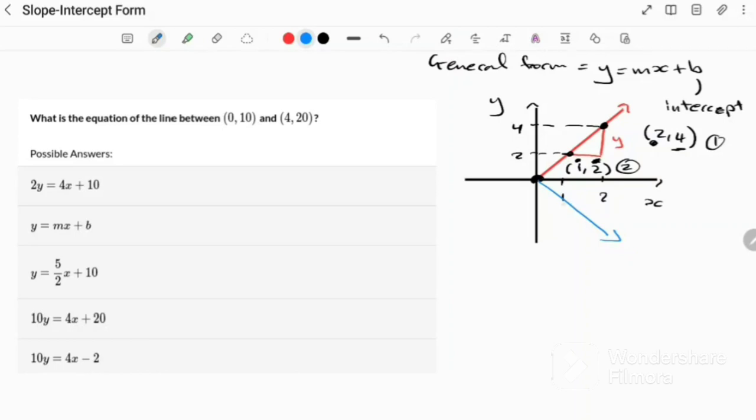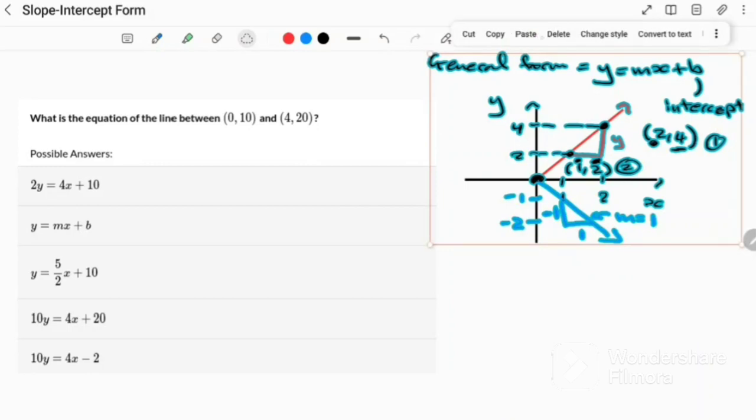For example, in this situation, for every 1 unit of x I go, let's say this is -1 and this is -2, I'm moving down -1 units of x. And the slope of this line is 1. So I hope that helped you understand the slope-intercept form concept.